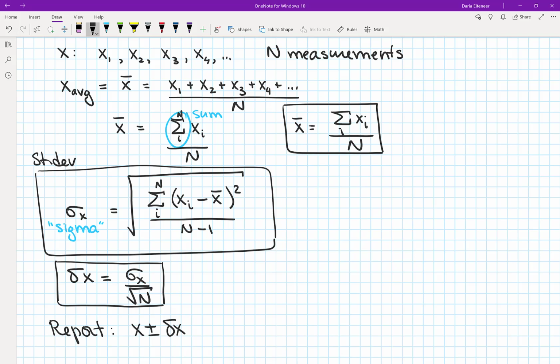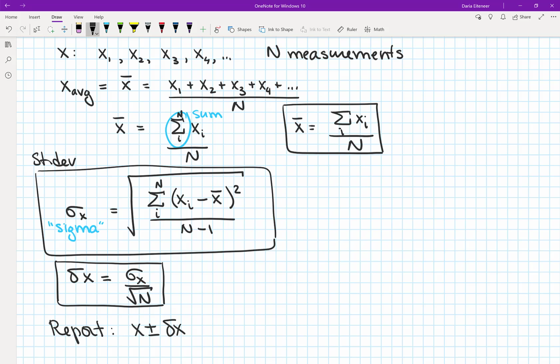And like I said, any one of your scientific calculators, graphing calculators, computers, Excel, for example, will do all of this for you with a couple of simple clicks of a button, or in Excel you would have to type up the command. But again, on a computer, on a calculator, it's much easier than doing this by hand.